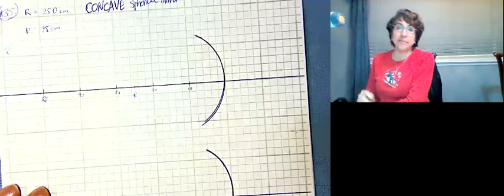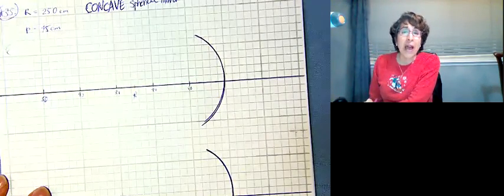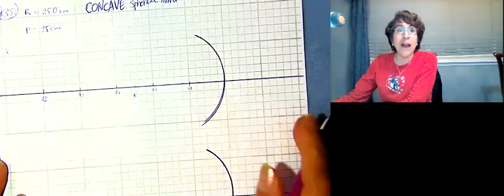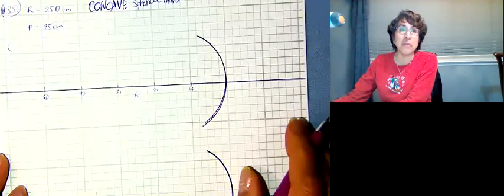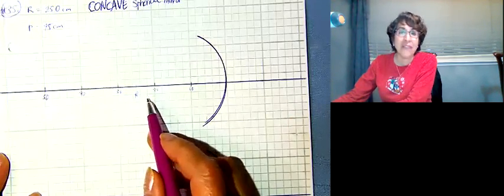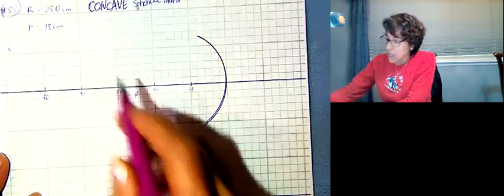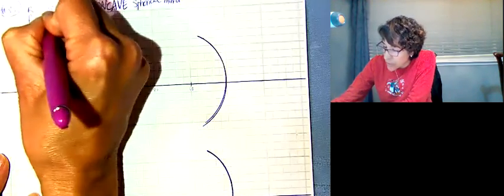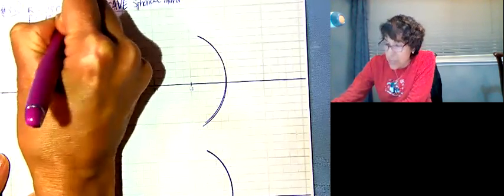So it turns out that what you want for the ray diagram and for the equations to figure out where your image is going to be is the focal point. And the focal point is exactly half of the radius. Okay, so I know that the radius is 25 centimeters, and I know that the focal point is 12.5 centimeters.